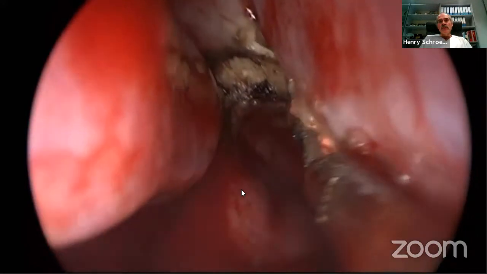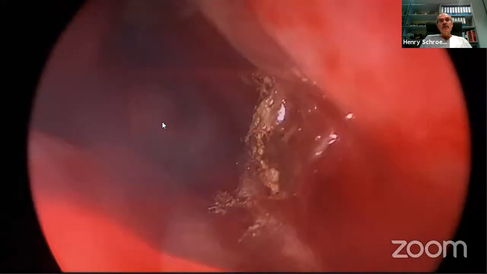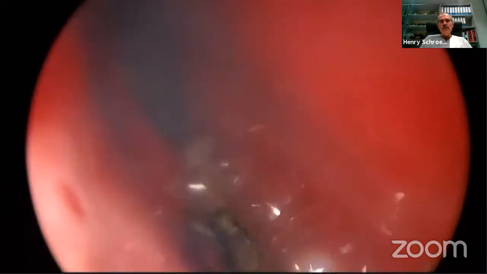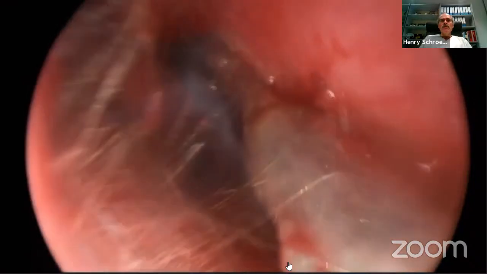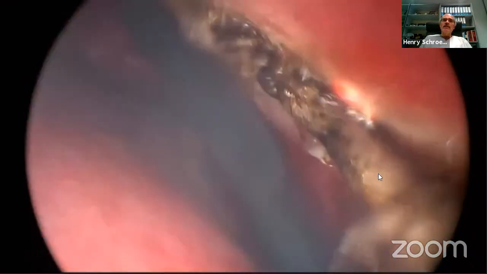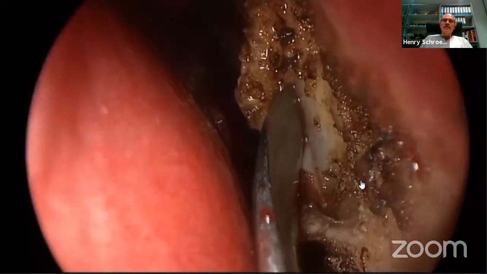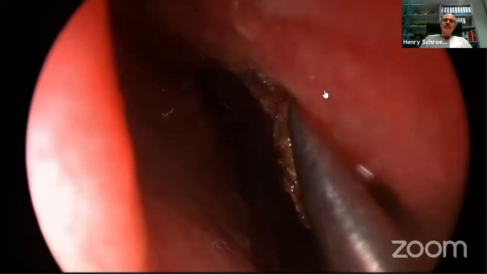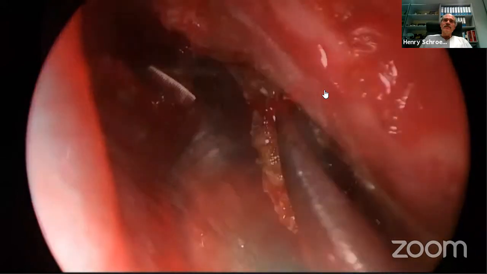Here's one example. So we take a monopolar electrode to cut along the choana, and then we go at the floor of the nose, coming anteriorly. Then you have to be careful that you do not perforate the cartilage, the septum in front.